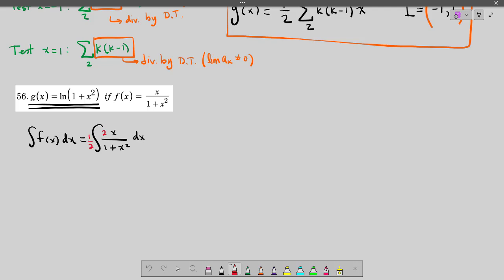Now it's in log form, and this will be equal to 1/2 natural log. Don't need an absolute value. That denominator is always positive, plus c. So, that make sense? All right, we'll stop there.